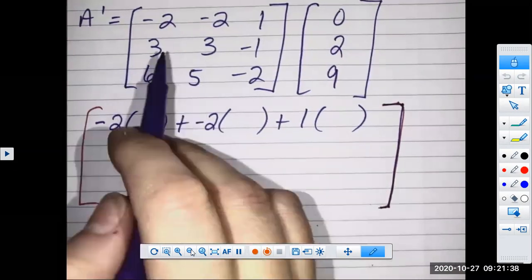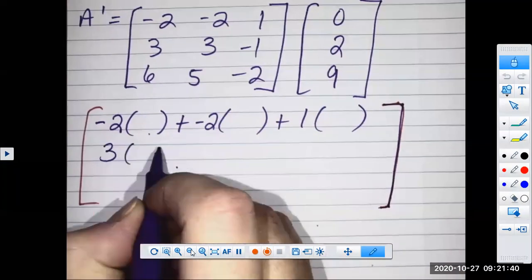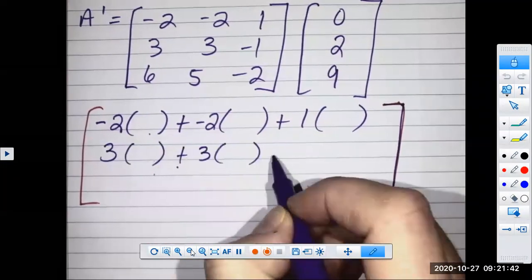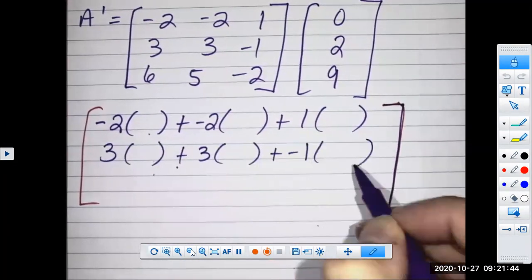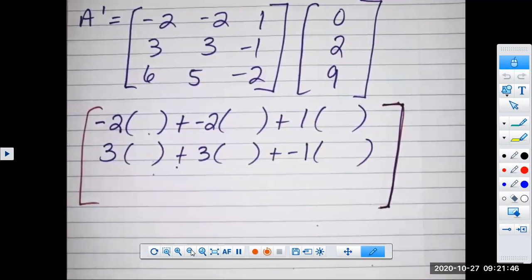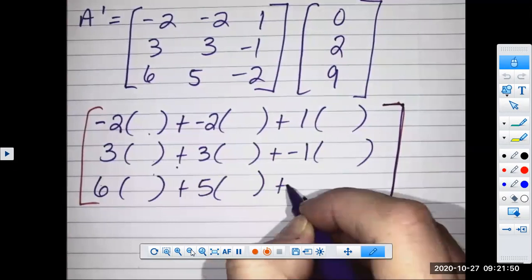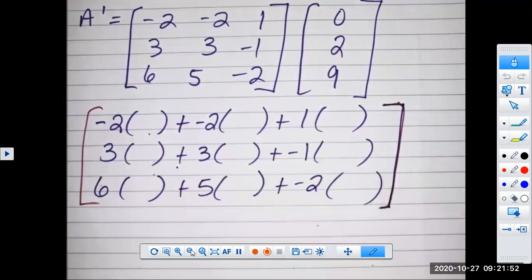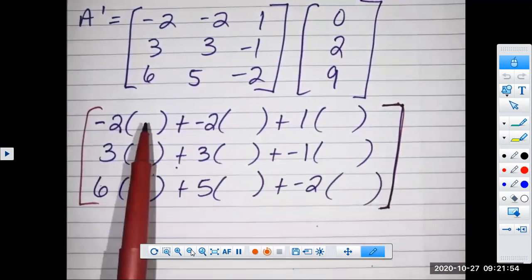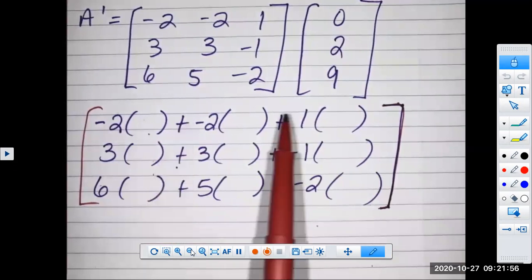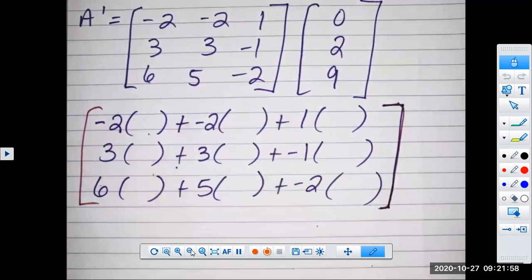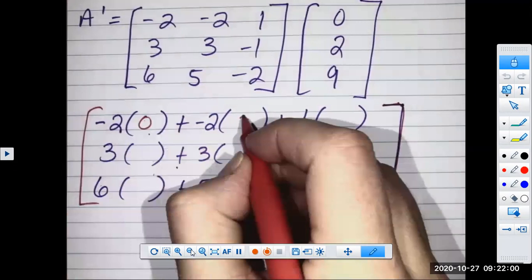Okay, take your second row, the same thing. And last row. What do you go back and fill in? Tell me what these numbers across will be. Good, 0, 2, 9.